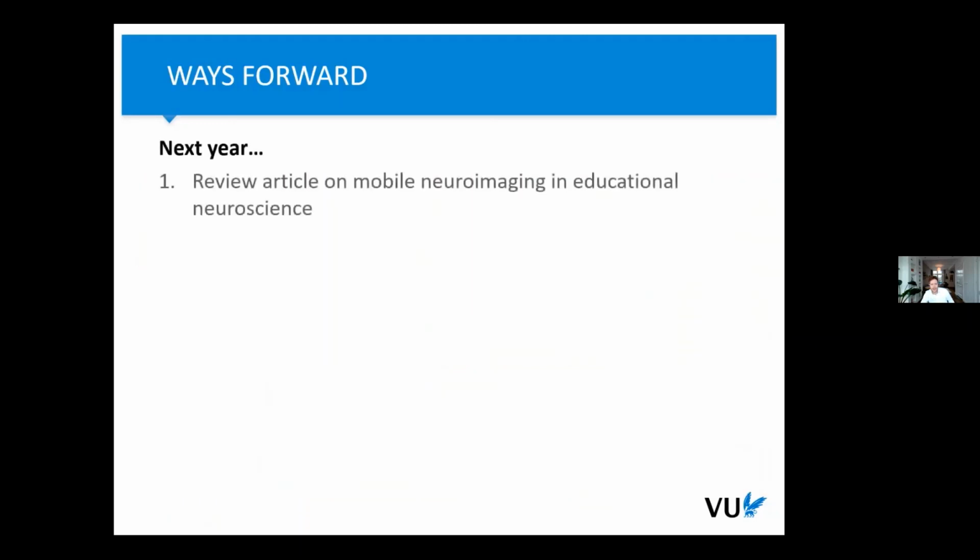So next year we have a few things going on. First, we hope to get a review article on mobile neuroimaging and educational neuroscience published, which follows the same structure as this talk. If COVID allows, we would like to have a mobile neuroimaging workshop, and of course, Learn members are invited as well, and we will keep you posted.